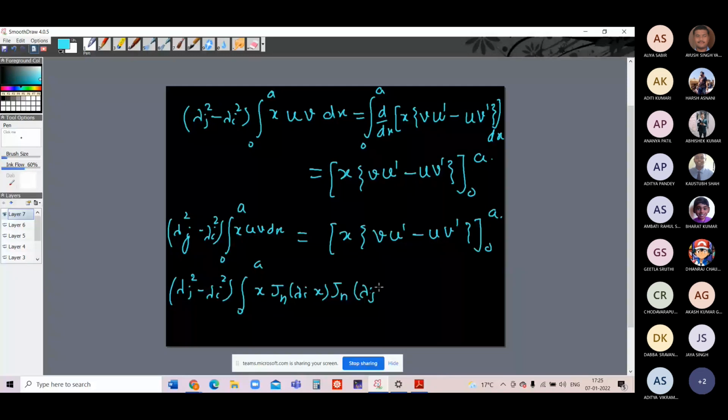And on the right hand side, v was J_n(lambda j x) and this was J_n(lambda I x) whole prime, minus J_n(lambda I x) J_n dash(lambda j x), with limits from 0 to a.